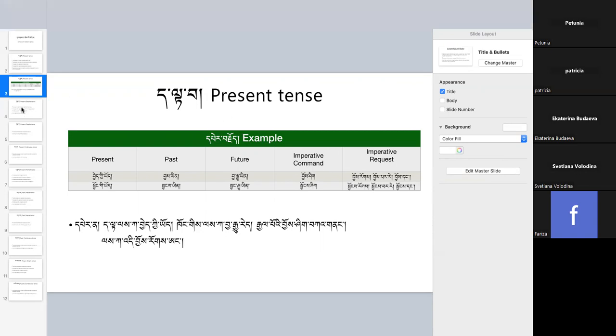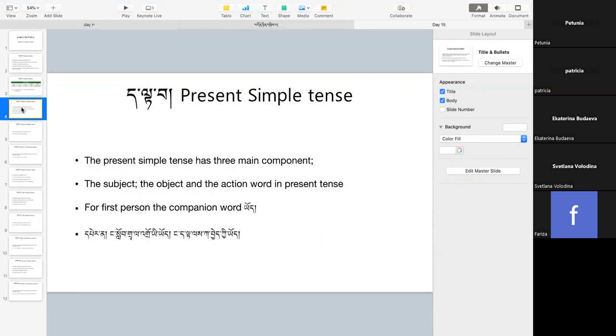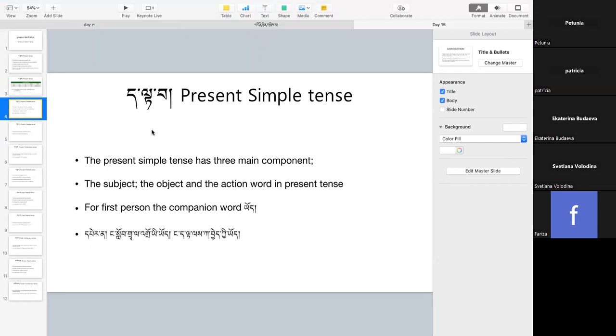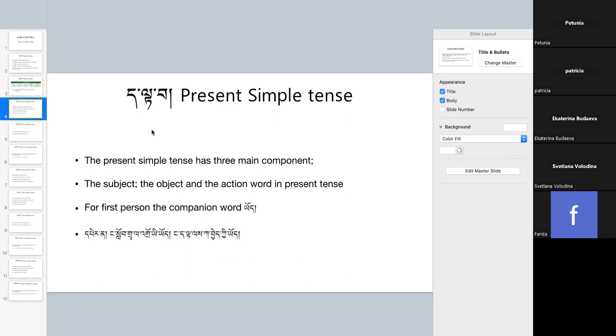And now the present tense. So there are three types of present tense that we're going to study. The first one is the present simple tense. The present simple tense has three main components: the subject, the object, and the action word in present tense.